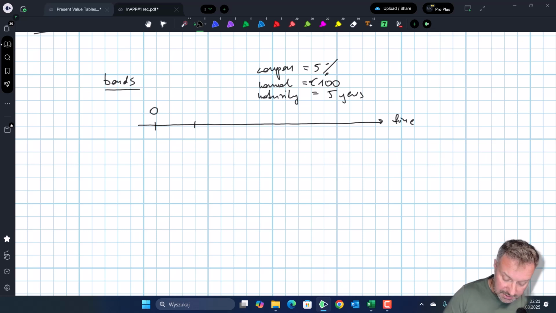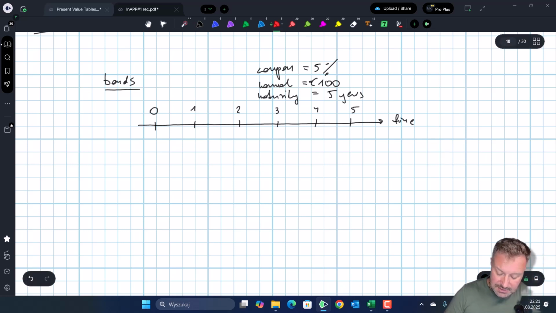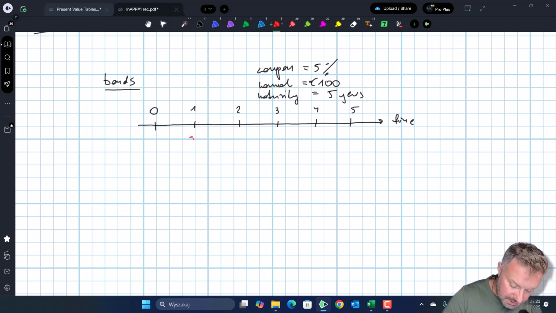If you have a bond like that, it means that whoever purchases this bond in the marketplace will be entitled to receiving the following coupons. 5% on 100 is 5 after year 1, 5 after year 2, 5 after year 3, 5 after year 4, and 5 after year 5.